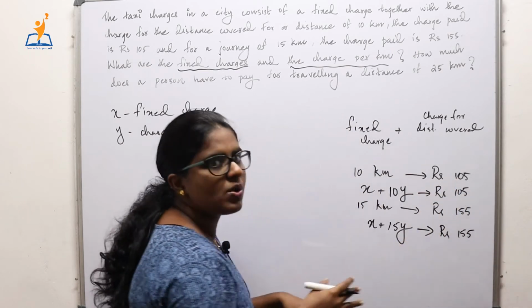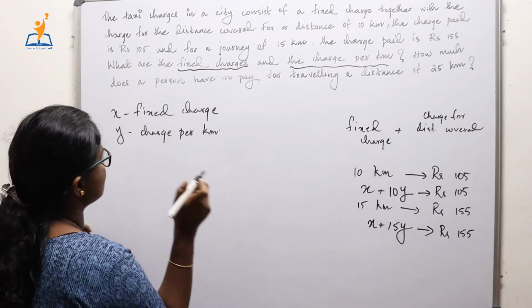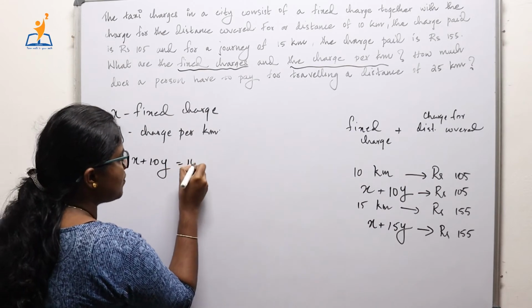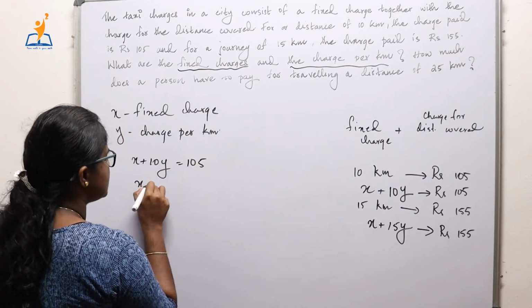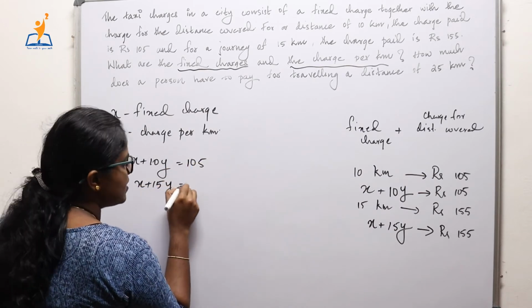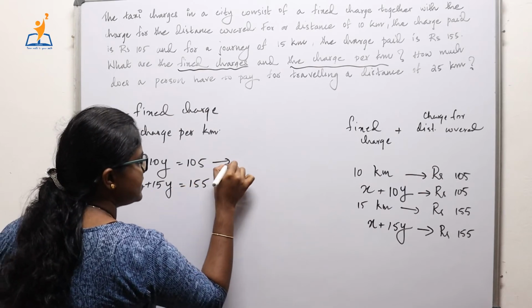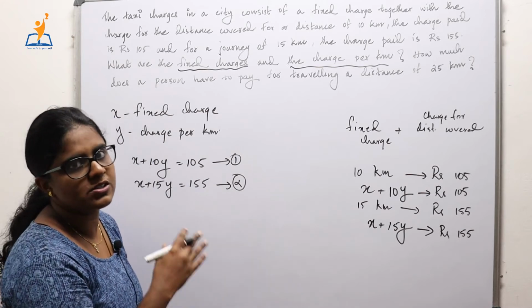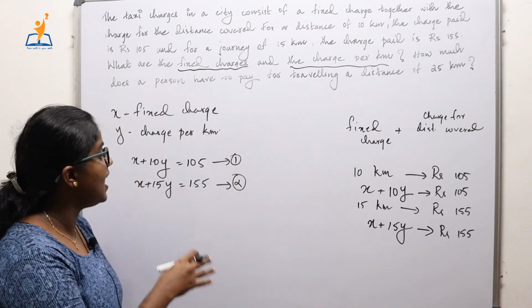So from these two conditions we will get two equations, that is x plus 10y equal to 105 and x plus 15y equal to 155. These are our two equations, and solving this pair of linear equations in two variables we will get the values for x and y.